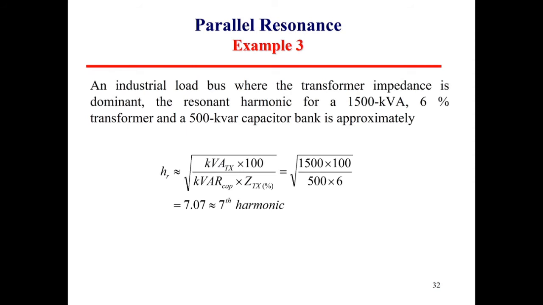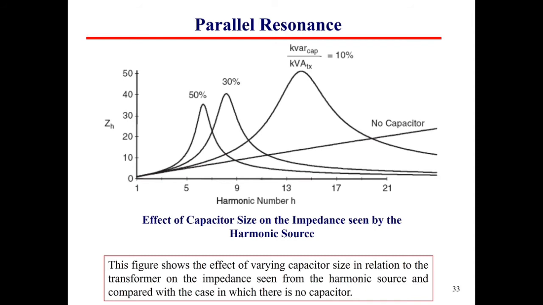Okay, let us look at this example over here. See that industrial load bus where the transformer impedance is dominant, the resonance frequency for a 1500 kilovolt ampere, 6 per unit transformer and 500 kvar will be given by this. So from the size of the transformer and from the size of the capacitor bank, we can determine the harmonic order, and it comes as 7.